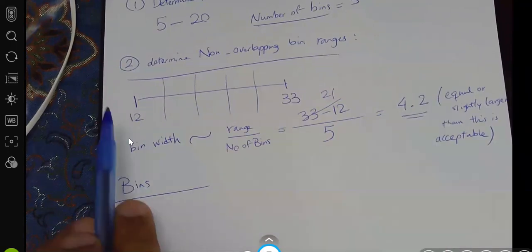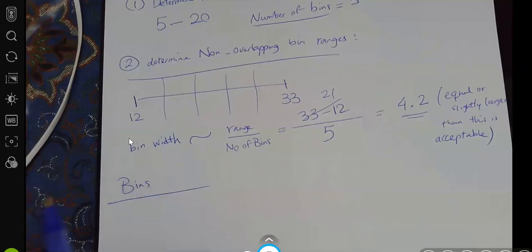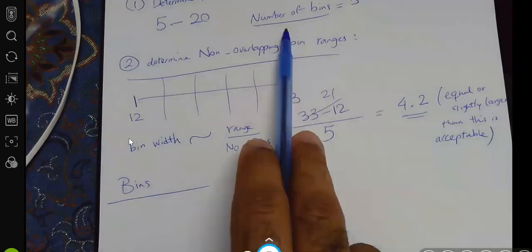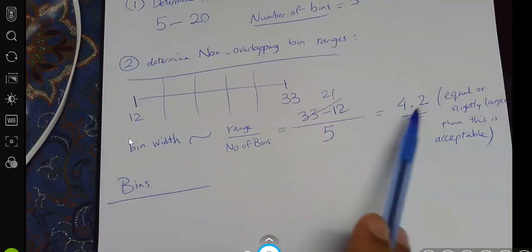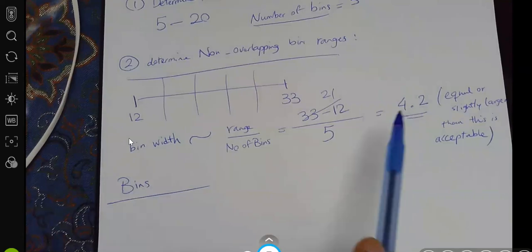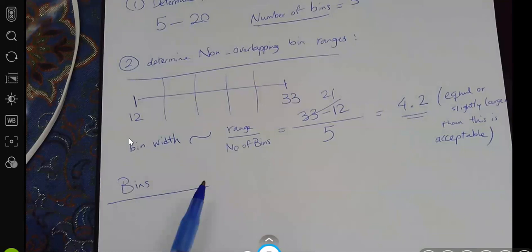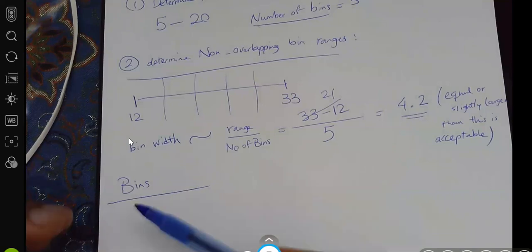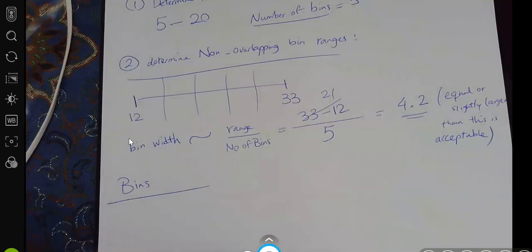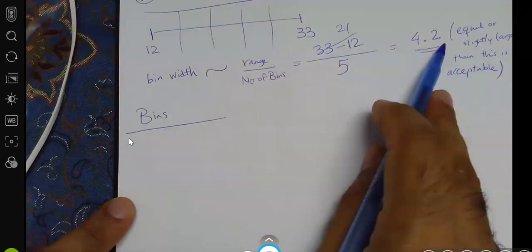That's also possible. So as you can see, the number of bins was subjective. There is still some subjectivity here. You have the minimum value, but you can still play with it. And with bins, you may want to go with a round number, or you may want to go with a non-round number. So there is still some flexibility in terms of picking the bins. I'm going to go with exactly 4.2, and if you go with that, you always have to start with the minimum.